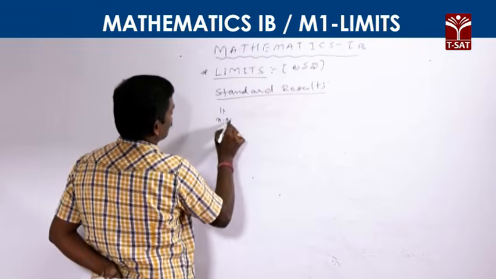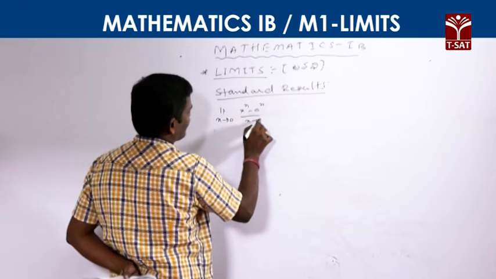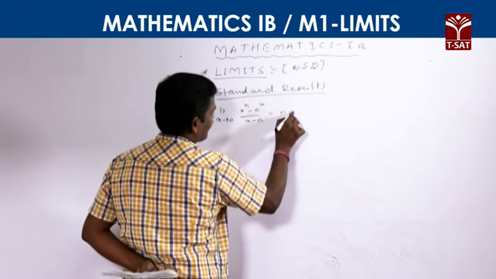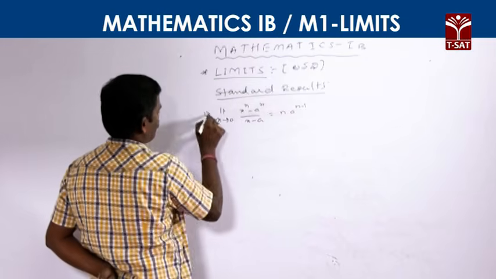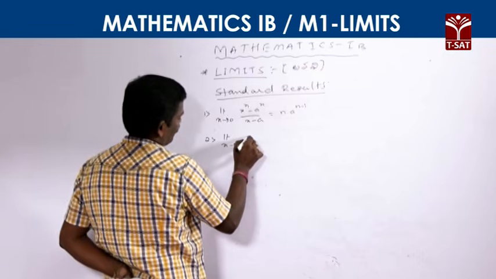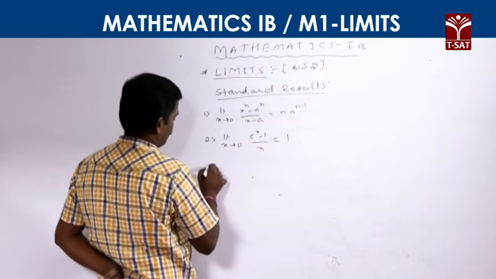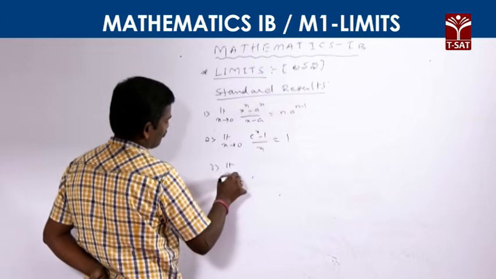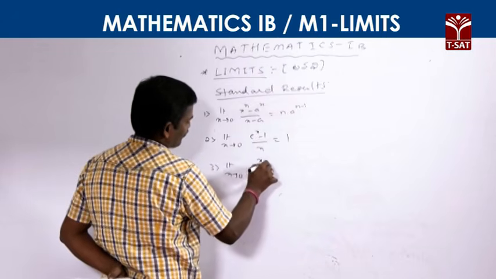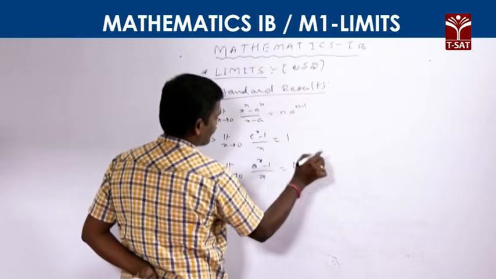Limit extends to a of (x power n minus a power n) by (x minus a): this answer is n into a power n minus 1. Limit extends to 0 of (e power x minus 1) by x is equal to 1. Limit extends to 0 of (a power x minus 1) by x is log a to the base e.